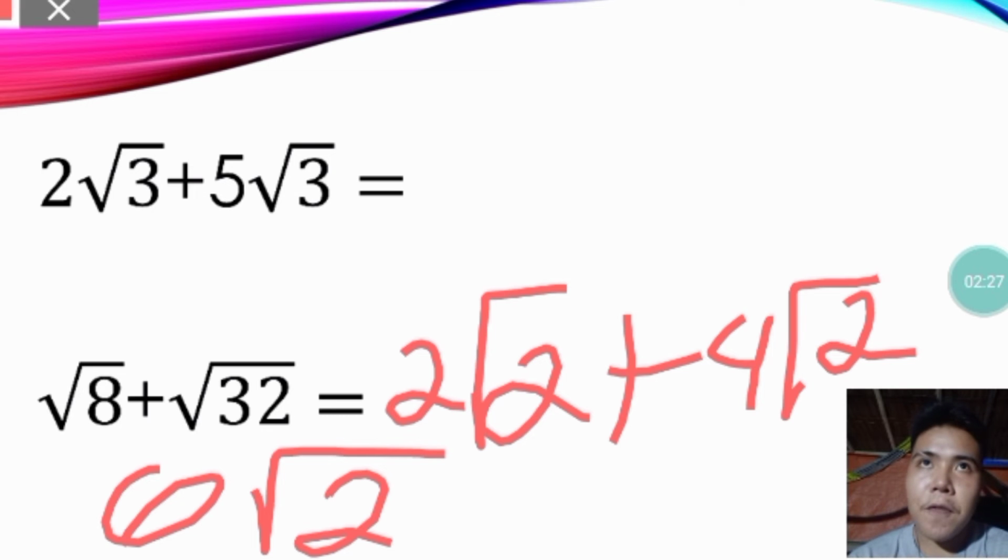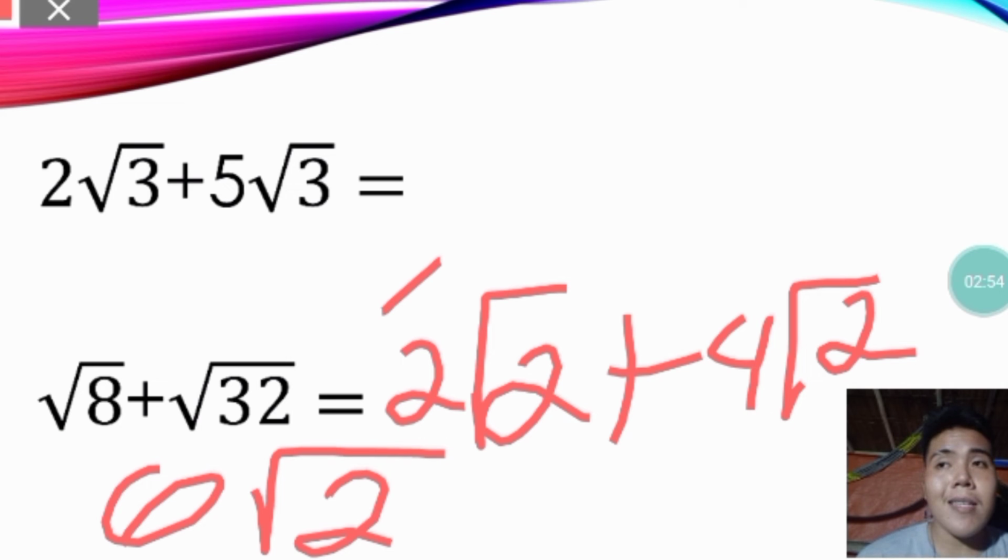If it is not in simplest form, find the perfect square of the number. Just like in 8, the perfect square is 4, so we simplify the square root of 4, which is 2.